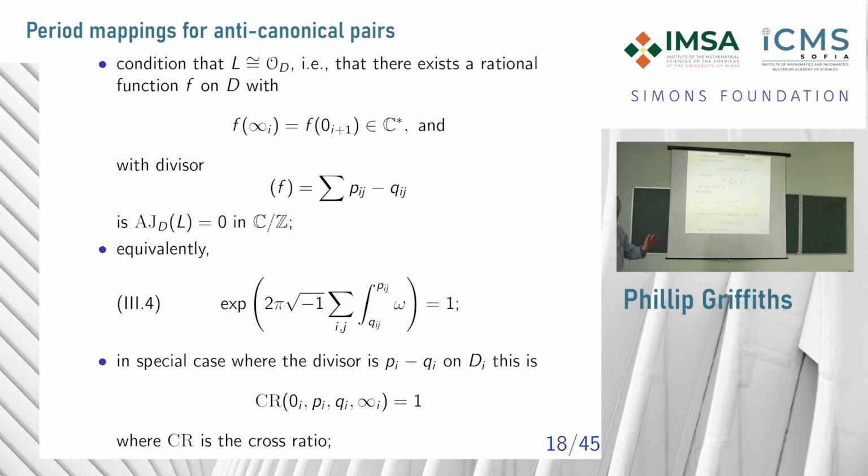So a special case is where the line bundle is not only represented by a cycle, that's the difference of 2 points on each segment. So you have P1 with 0 and infinity marked, you have 2 further points. That gives you a cross ratio, okay? And these 4 points are ordered, so that's a well-defined number. So that's sort of the character of what the period mapping is.